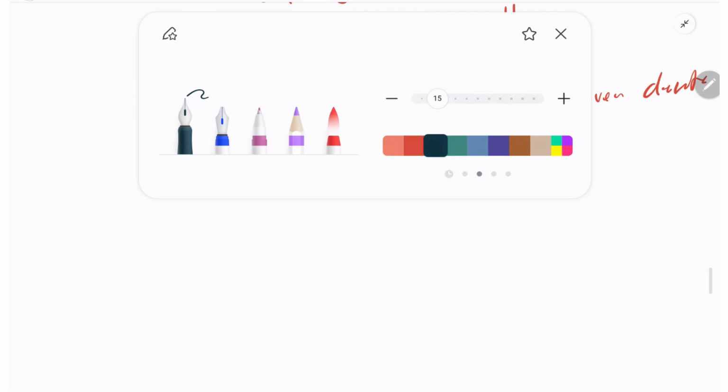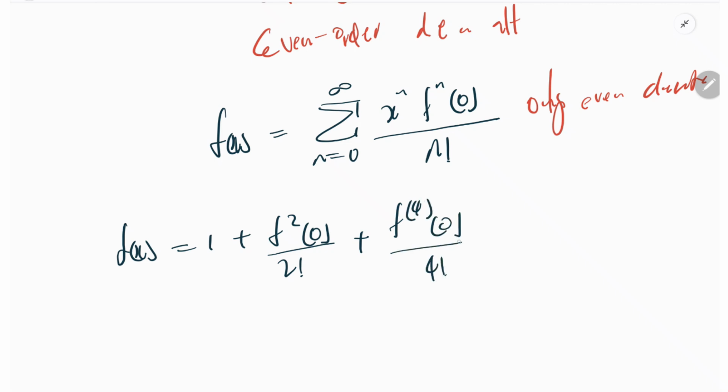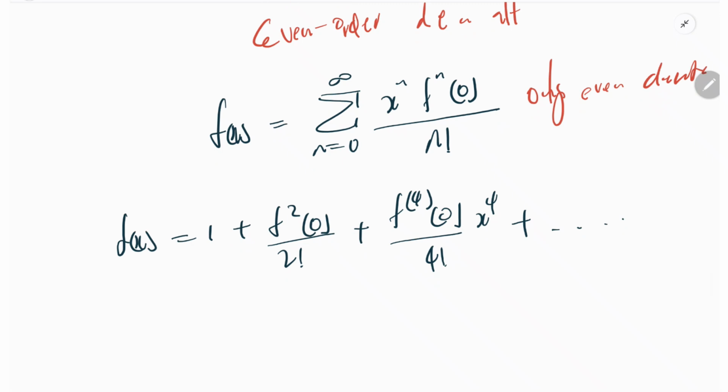So if we do that, we're going to see something. It's going to be 1 plus f of 0. Okay, I'm just evaluating that Maclaurin series. There are terms in between, but we just ignore them because they are 0, since we said we're only focusing on the even ones, which yield the interesting things, at least to us for now.